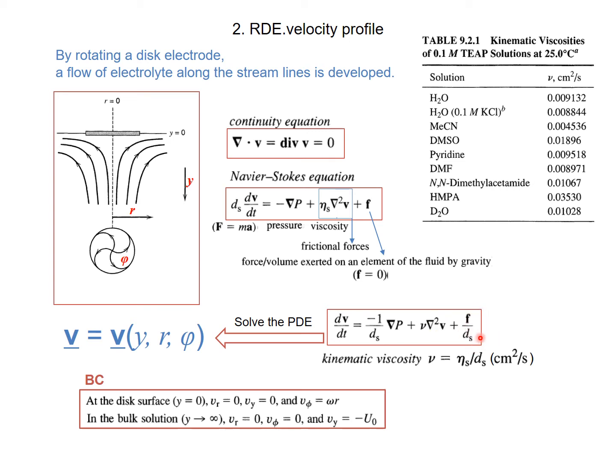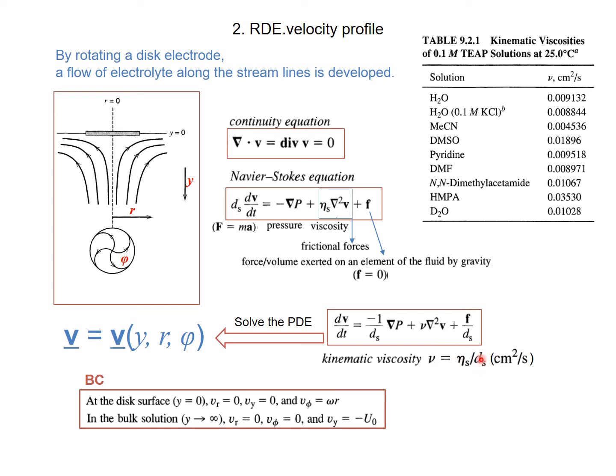That's it. Actually, those two equations are identical, but in this second equation, I'd like to emphasize this parameter, the kinematic viscosity, which is defined as the viscosity per density.